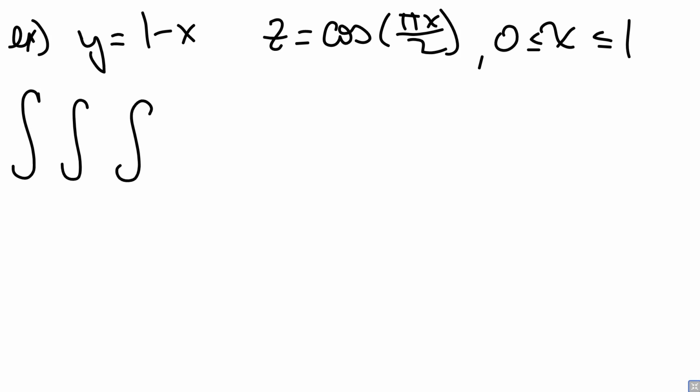So since they're defined in terms of x, we want the last to be x. As far as the next two levels, it's just however you want to. I'm going to suggest that we do z first and then y.